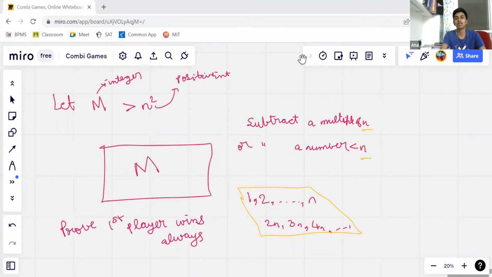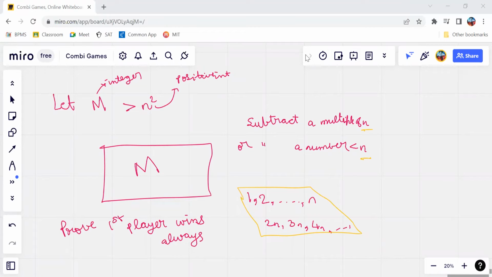So, can we do it by the P and N way? Yes, that's what Krishna did. Yes, starting from.